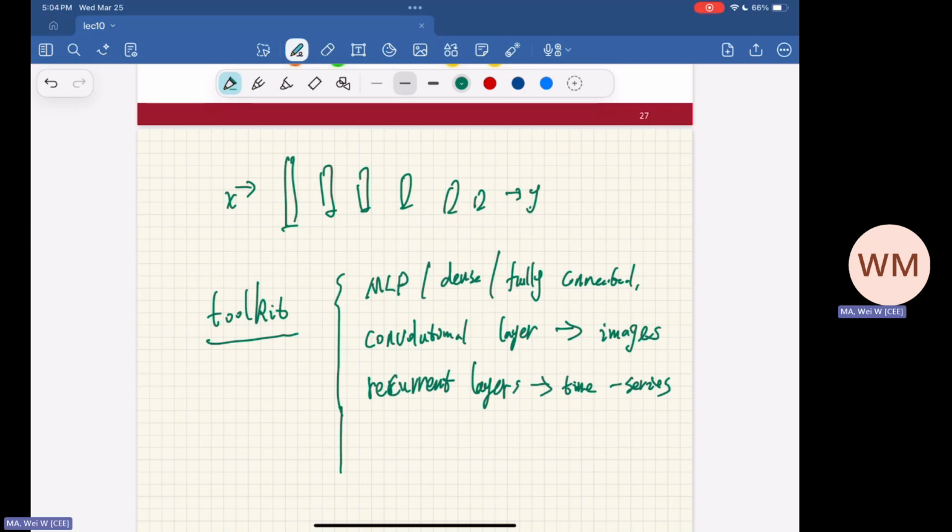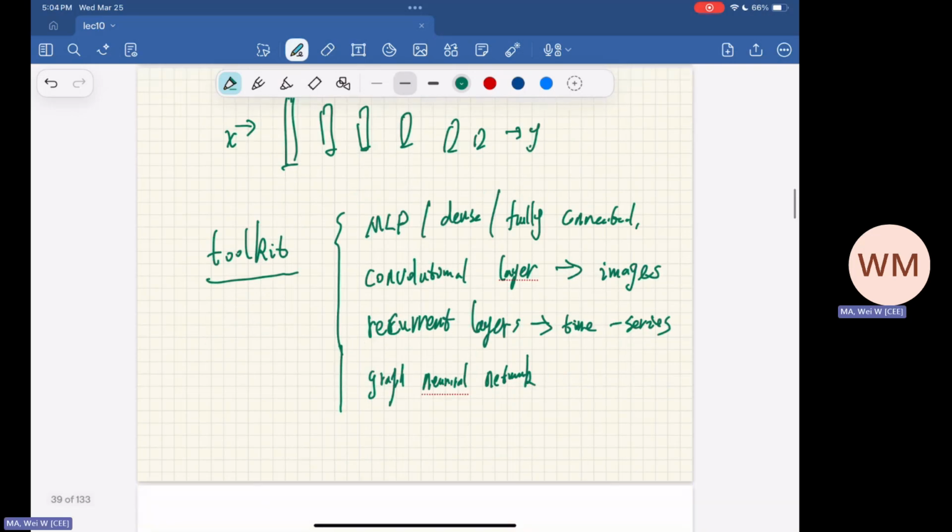And there's another one called GNN, graph neural network. In a GNN, there are so many layers. So why is it called a neural network? Because there are so many layers in the graph neural network. In general, these are very suitable for network data. Network data means that the data points have some relationship.